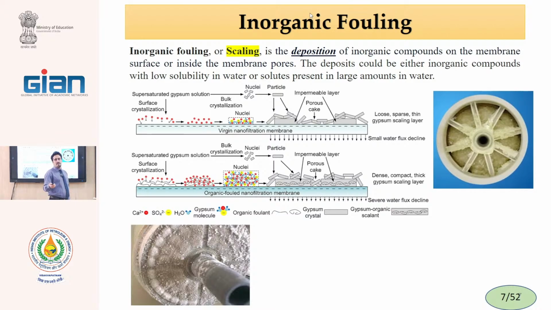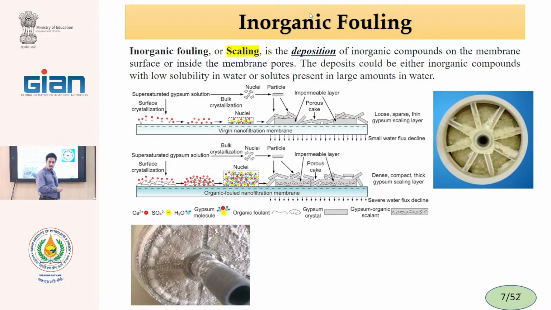The layer is based on the crystal type. The crystal type of calcium sulfate is different from calcium carbonate, and therefore we can have a different structure on the membrane. You see here the production of salts at the entrance of the spiral wound modules.